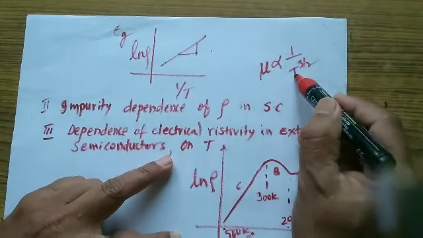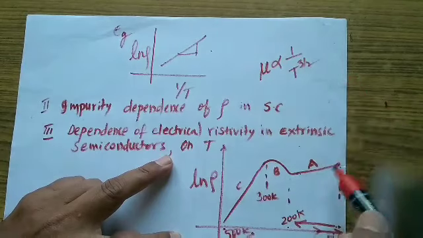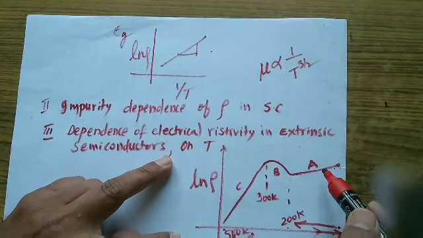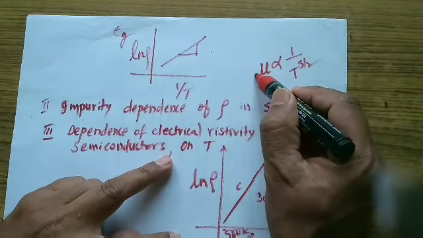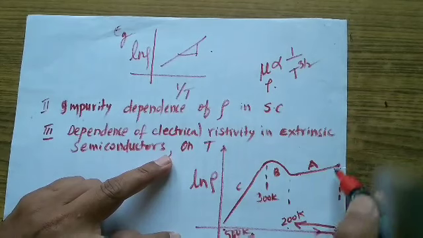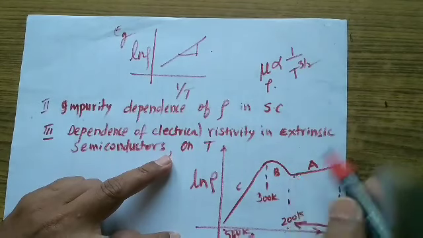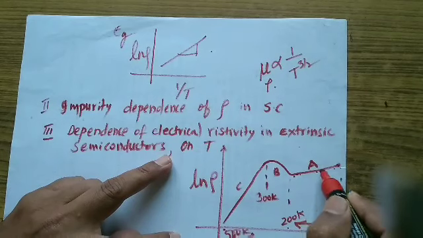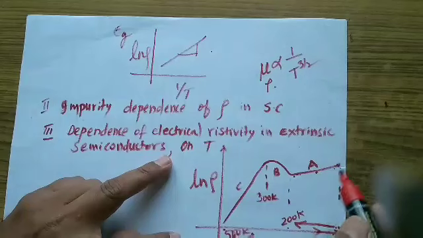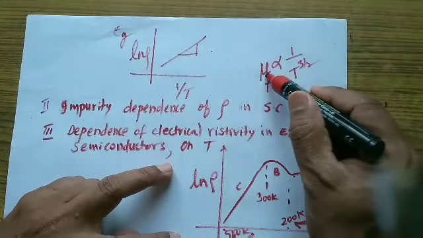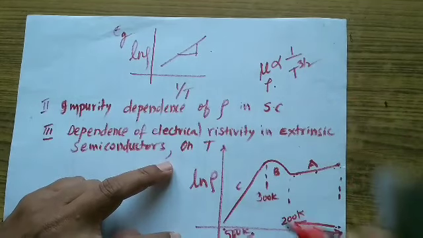That means with increasing temperature, mobility decreases, and the decreasing mobility has to decrease the resistivity also. But in this region, the effect of the mobility was not dominant. The production of free electrons was more effective than the effect of the dependence of mobility on temperature. That's why resistivity was decreasing.